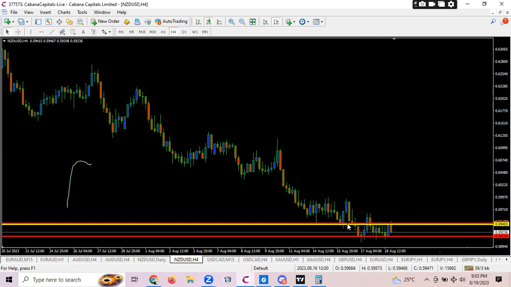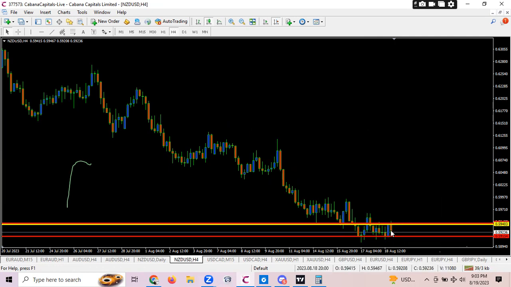Pivot and resistance are at the same level. That should tell you that this level is a key level. So if a 4-hour candle closes above this resistance, one can consider buying New Zealand USD, since resistance and the pivot value are at the same level.